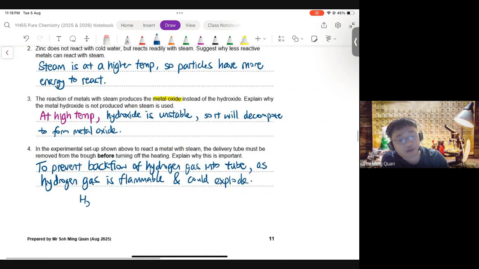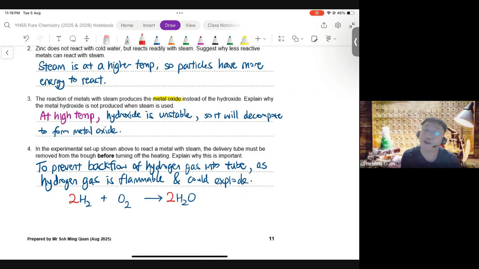What does hydrogen form when it catches fire? Now, catch fire means combustion. Combustion means burning. Burning means oxygen gas reacts with it. So hydrogen reacts with oxygen to form not H2O2, not hydrogen peroxide, but water. All right.